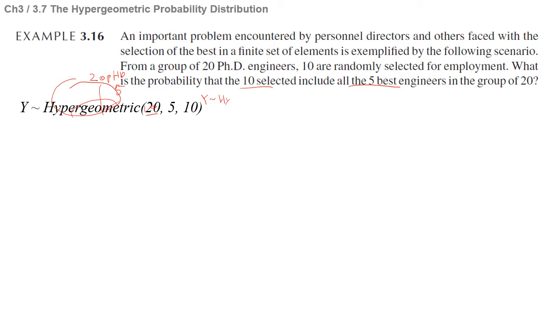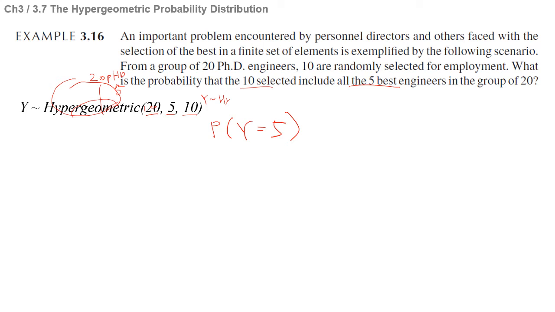The total number is 20, among them 5 are best engineers, 5 are success, and we are selecting 10 from here. What would be the probability P(Y = 5) of having all 5 best inside of our selection?